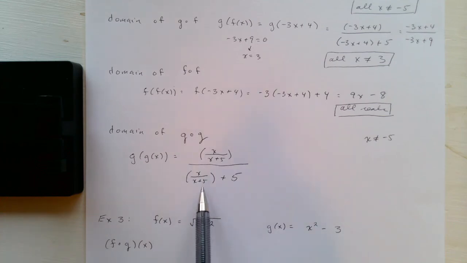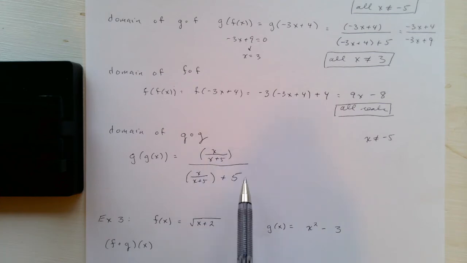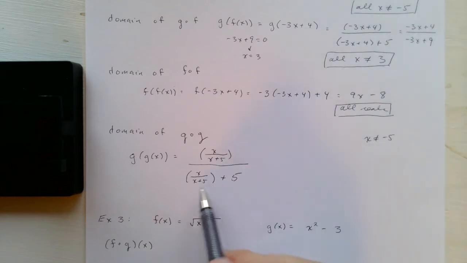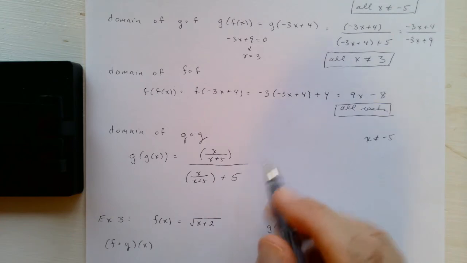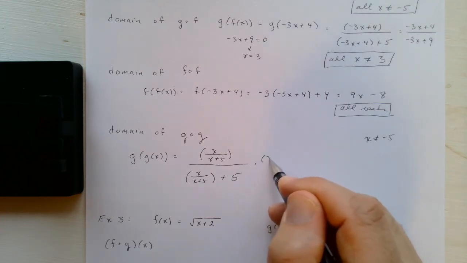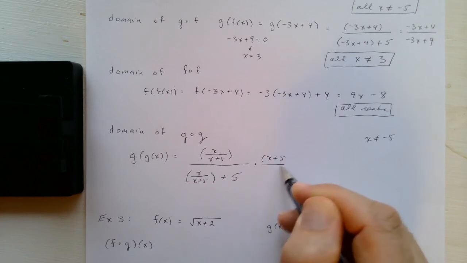But we can see that we actually have a bigger denominator here. We're dividing by some number plus 5. So we also have to worry about this expression being 0. It might be a little easier if we multiply the top and bottom by x plus 5.